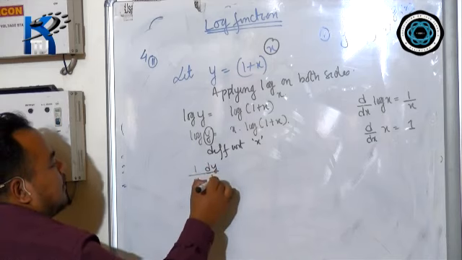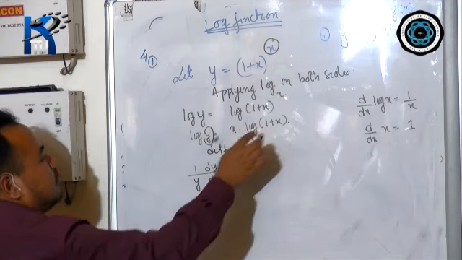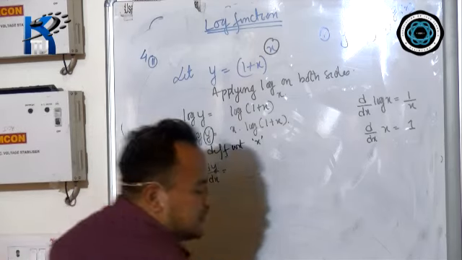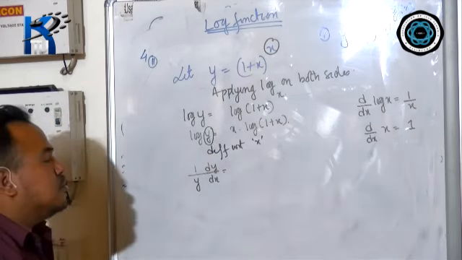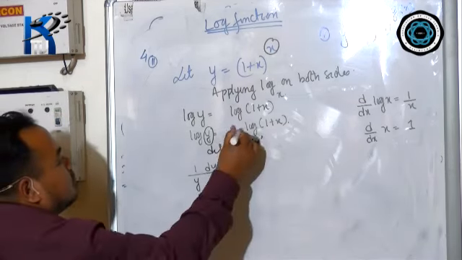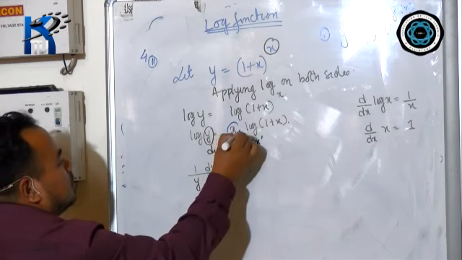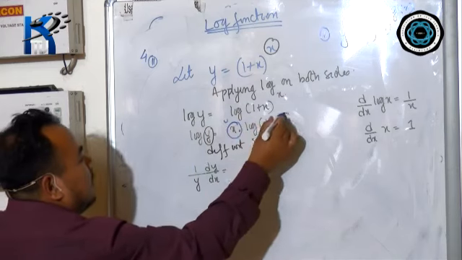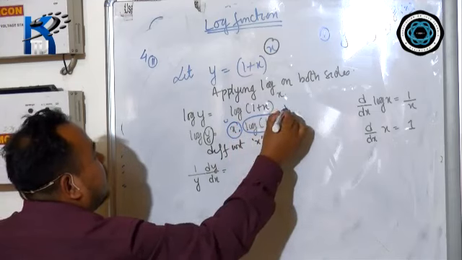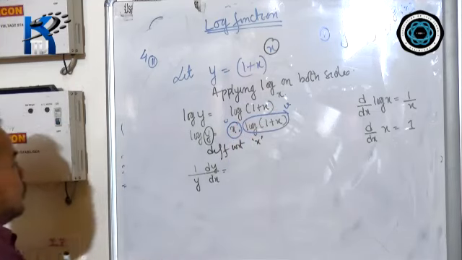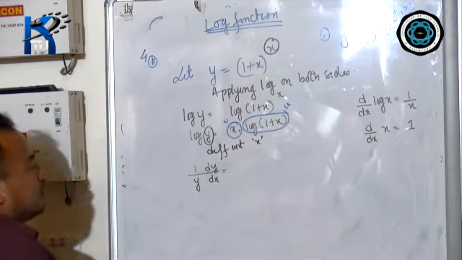So dy by dx. Out here, how many functions do you see? We see two functions. What is the sign in between? Multiplication. So we use the product rule. This becomes u and this becomes v. So can you just tell me what is u into v?